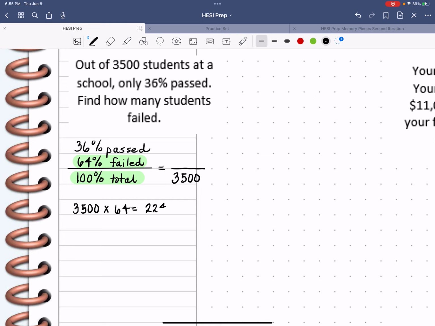That's okay, because when we divide it by 100, you can just knock those zeros off. That leaves us with 2,240 students who failed. If you prefer to use the triangle method or any other method, that is fine. Whatever works for you is fine.